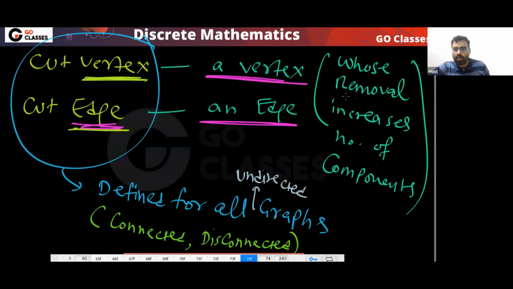It simply means that whose removal will increase the number of components. Just check the number of components. Is it increasing? If so, that is very good.